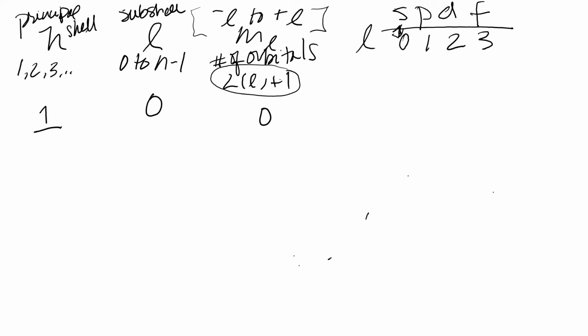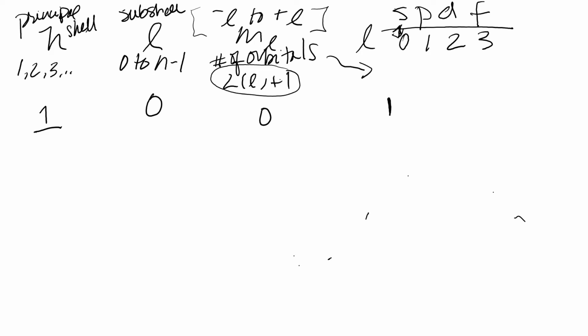And I think I'll put the number of orbitals over here. We have one orbital, 2 times l, which is 0, plus 1.